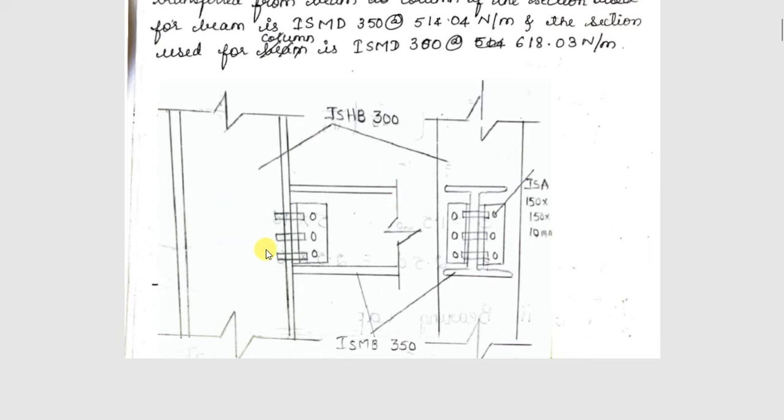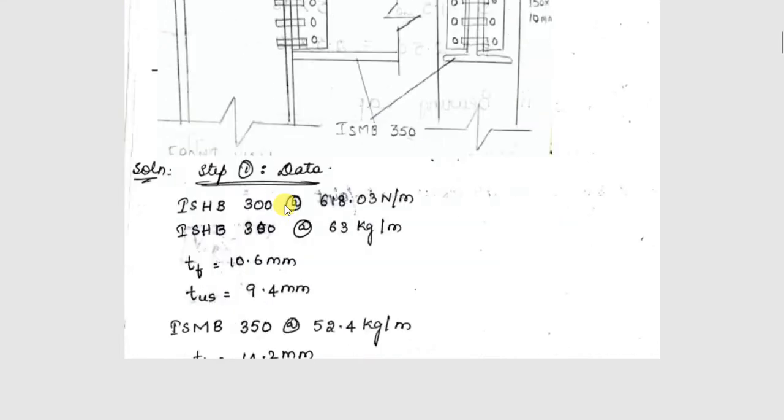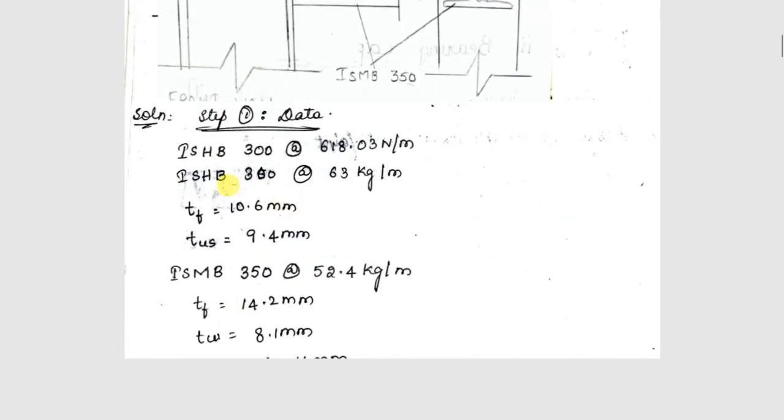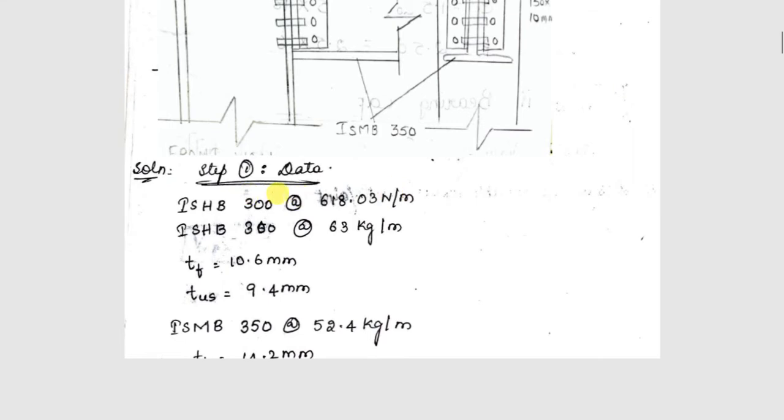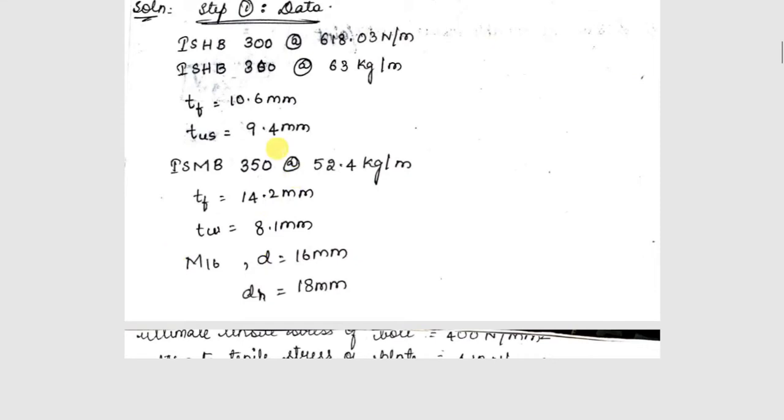Now you have to find out the load that can be transferred from beam to column. Step 1, we will be writing the details of ISHB 300 as well as ISMB 350. The load is given in Newton per meter, converted into kg per meter. The thickness of flange is 10.6 mm. All these details can be obtained from the steel table.